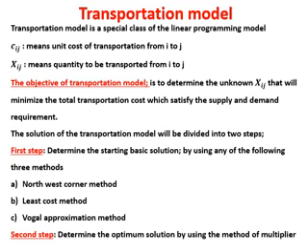So we want to give basic notation for the transportation model. We have Cij, which means the unit cost of transportation from source i to destination j. And we have Xij, which means the quantity to be transported from source i to destination j.